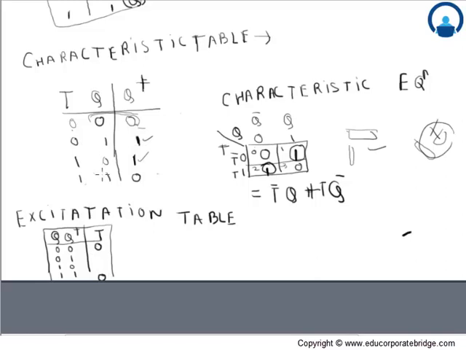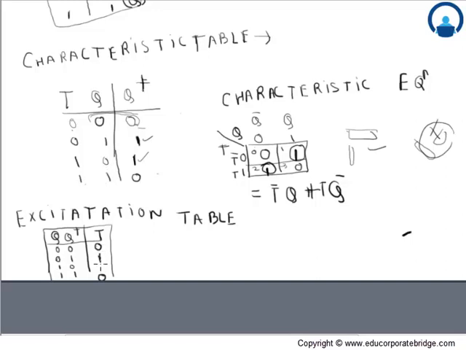Now when Q is 0 and Q plus is 1, T is 1. When Q is 1 and Q plus is 0, the value for T is 1.